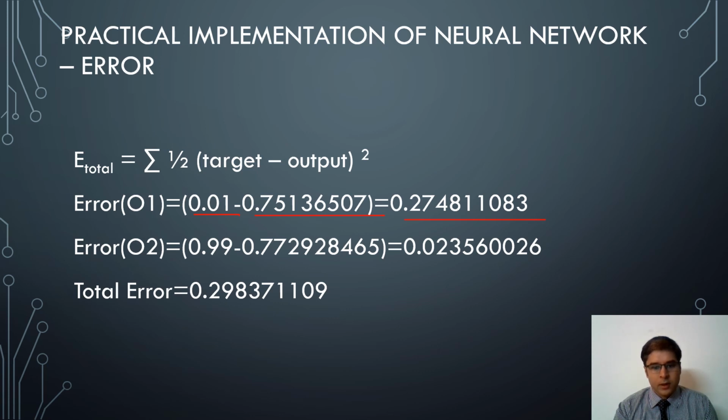Similarly, total error at node O2 is this, and the total error can be substituted here, and final E total will be this much. As in the hidden layer, computational neurons, the output layer can also act as a computational neuron. So it applies the logit function and sigmoid function on the incoming input as well.